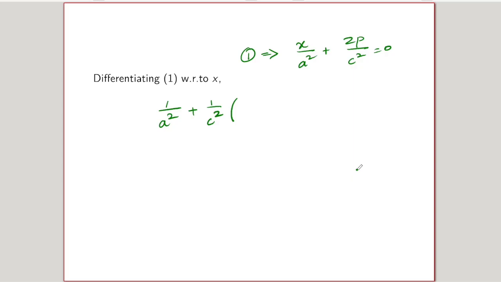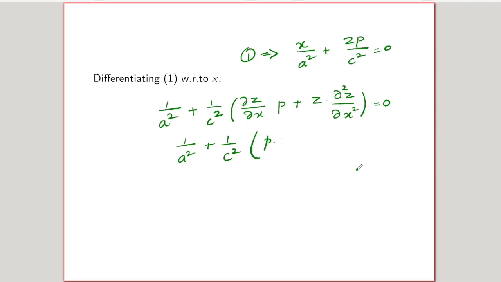So we will be getting dou z by dou x into p plus z into dou squared z by dou x squared, this is equal to 0, using the product rule. So 1 by a squared plus 1 by c squared into, this can be written as p into p plus zr. This will be equal to 0. So 1 by a squared plus 1 by c squared into (p squared plus zr), this is equal to 0.